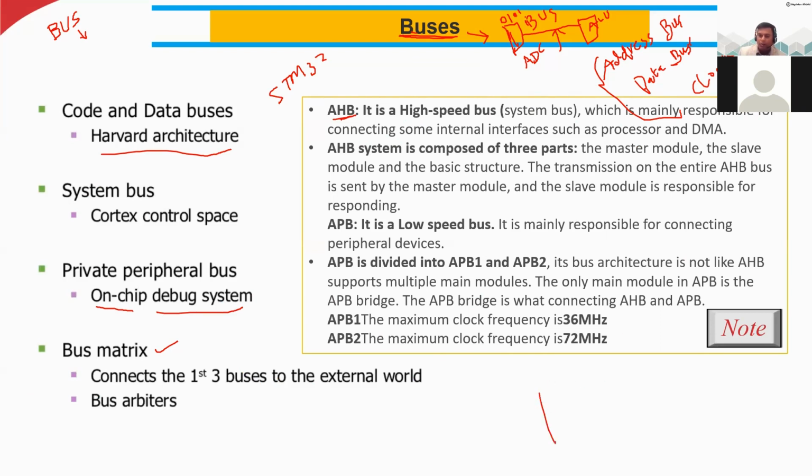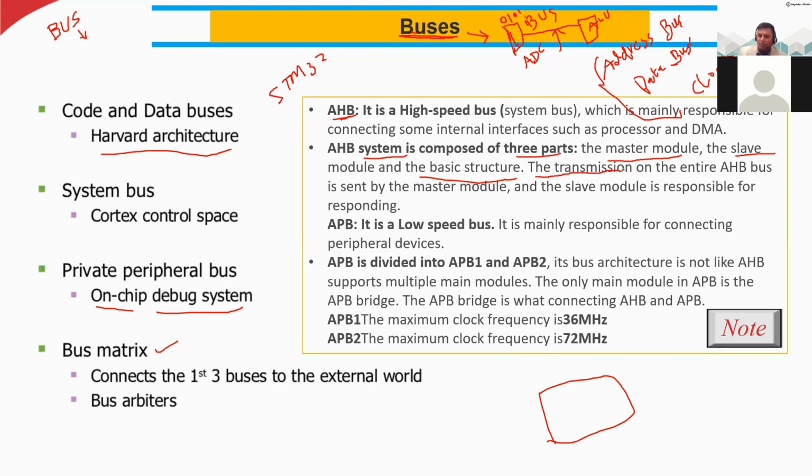Inside the microcontroller there are so many units, and the AHB bus is mainly used for high-speed internal data transfer. The AHB system bus is composed of 3 parts: the master module, the slave module, and the basic structure. Just remember this.